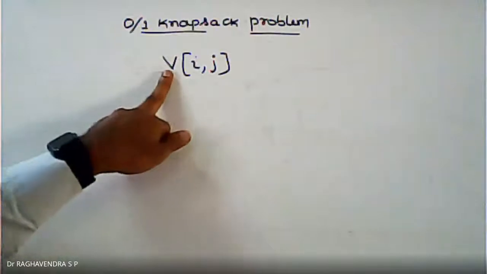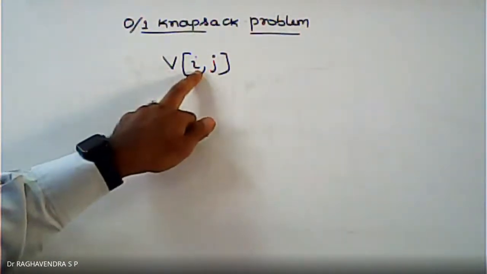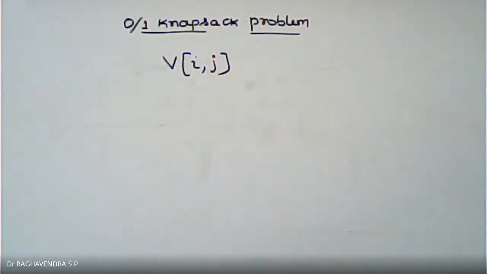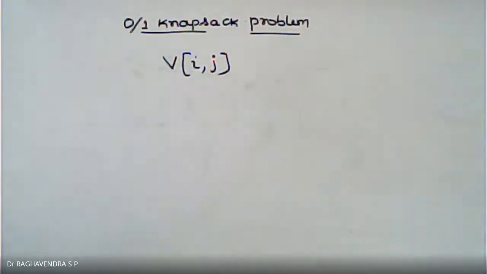V means value or profit, i means the ith object, and j means remaining capacity.